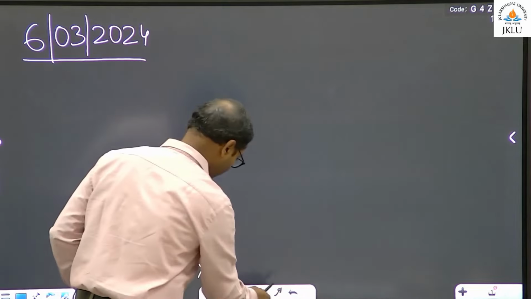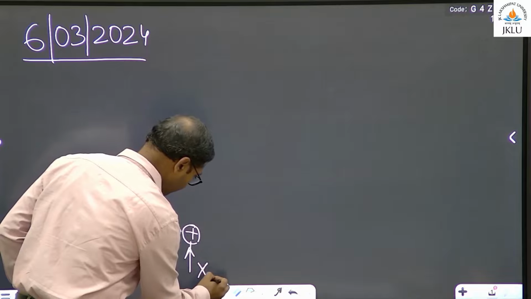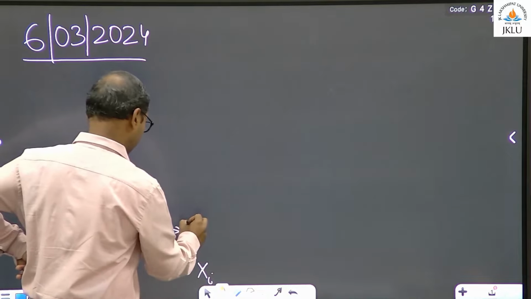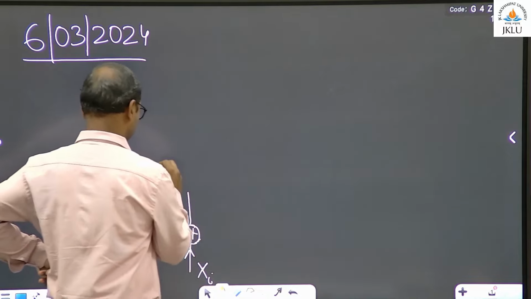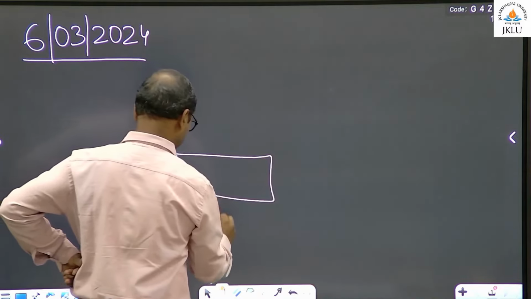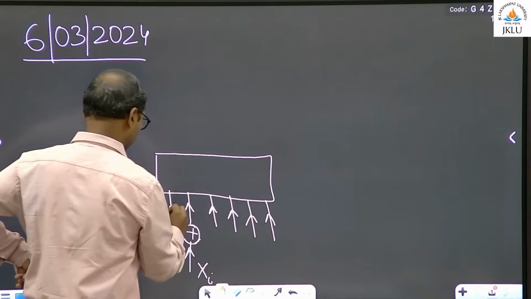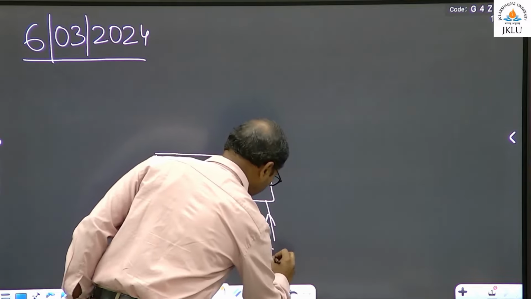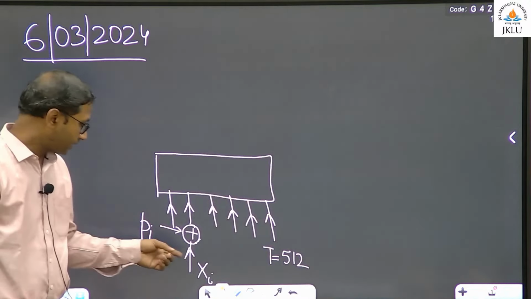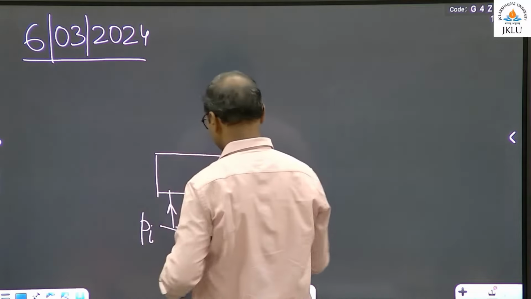So let us keep this xi, pi, you add this and then you send it to the encoder. And there are how many of it? I am fixing this number, t equal to 512. So i basically goes from 1 to 512.